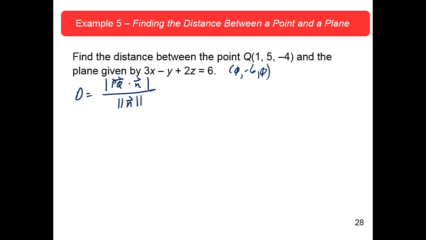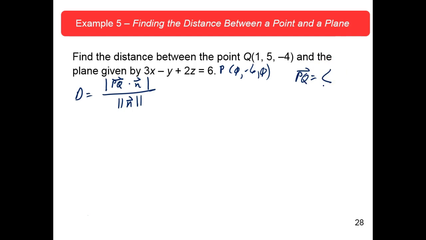All right. Now, you need to do the vector P to Q. So this is your point P. So the vector PQ, that's easy to do, isn't it?